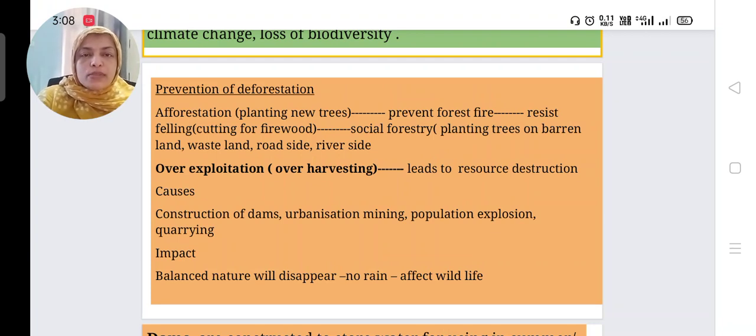Population explosion means growth of population. Quarrying, etc. are the reasons of over exploitation of natural resources. And what are the impacts of over exploitation? Our balanced nature will disappear, rain will reduce and it will affect wildlife also.